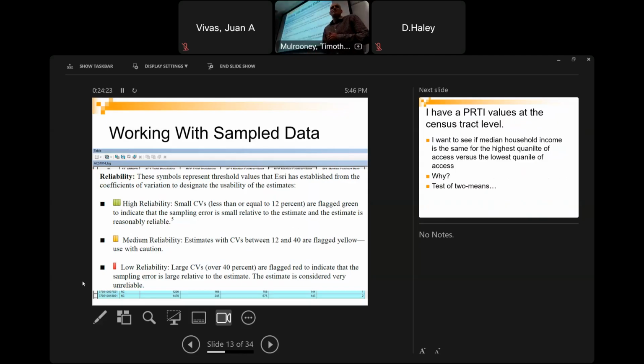You can download those data, but they're not all necessarily as reliable, and some attributes as well. If you're looking at the percentage of people from Vietnam in 2020 for a particular block group, there might only be one or two people from that country, and it might not be reliable. So pay attention to those plus or minus margins of error as well.